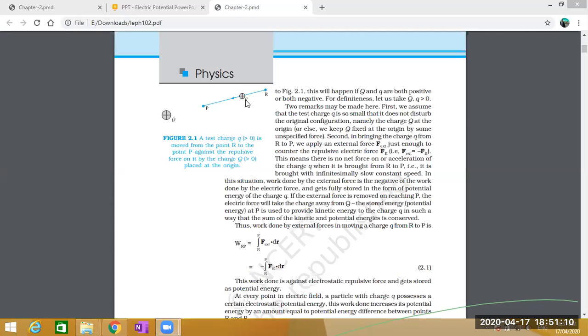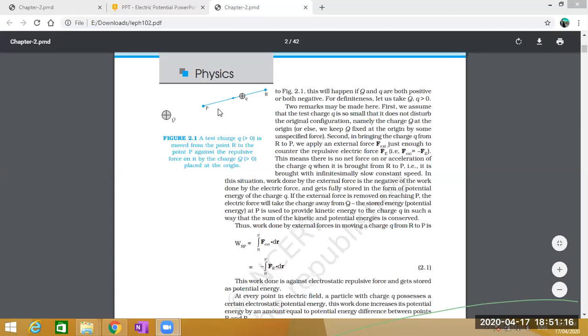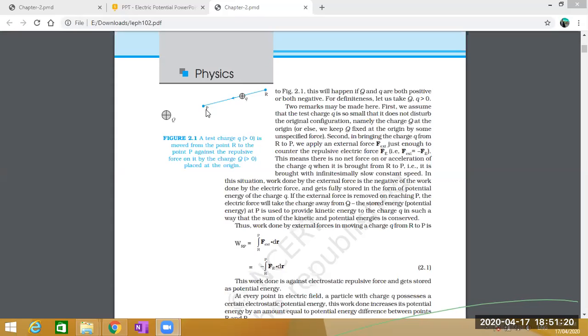When you bring this charge q from infinity to this point P, whatever amount of work you have done will get stored as a kind of energy, and that kind of energy will be called potential energy. But here there is no earth, no mass.